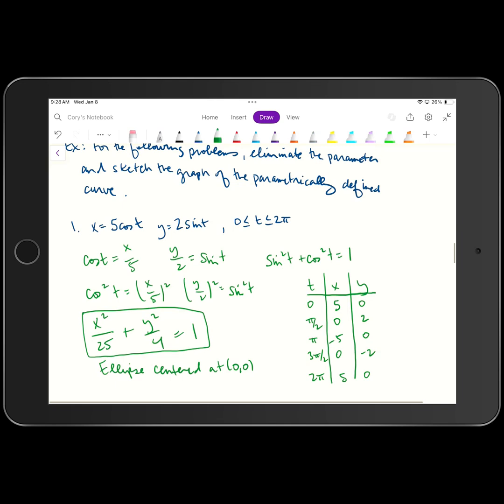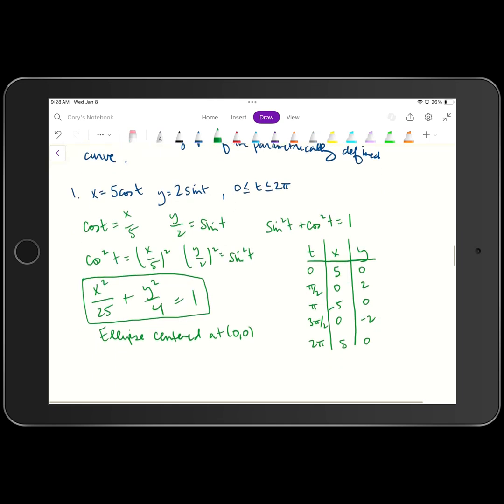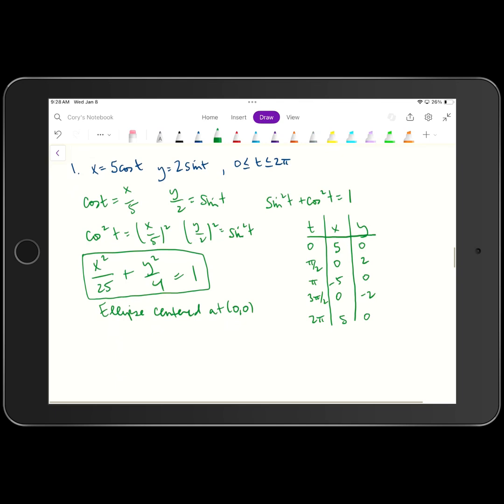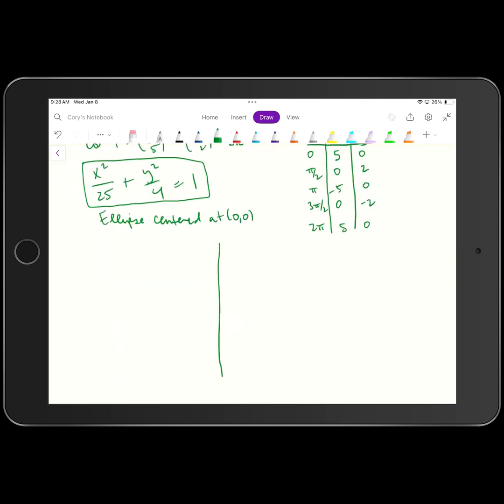Okay, so what I can then do is make myself a coordinate plane here. We're going to go 2 units up and down, and then 5 units right and left.